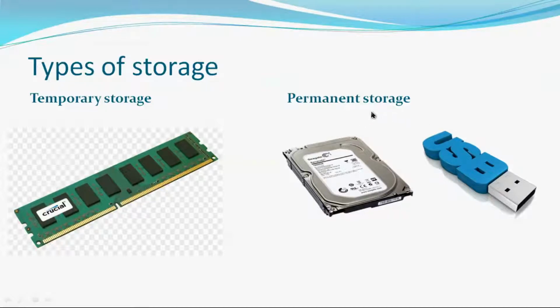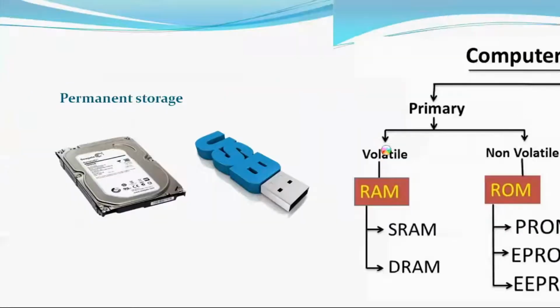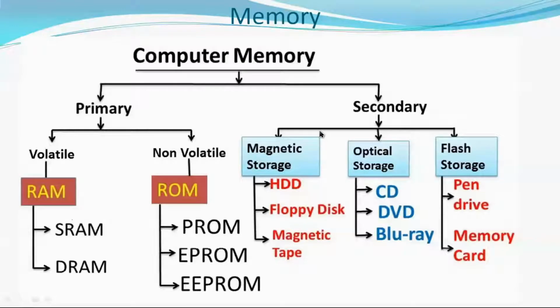Examples of these permanent storage devices include the hard disks and the USB flash disks, and so on. Now let's look at memory. We said these devices need memory in order to contain the data they're supposed to contain. In order for them to store this information, they have to contain a certain amount of memory space.